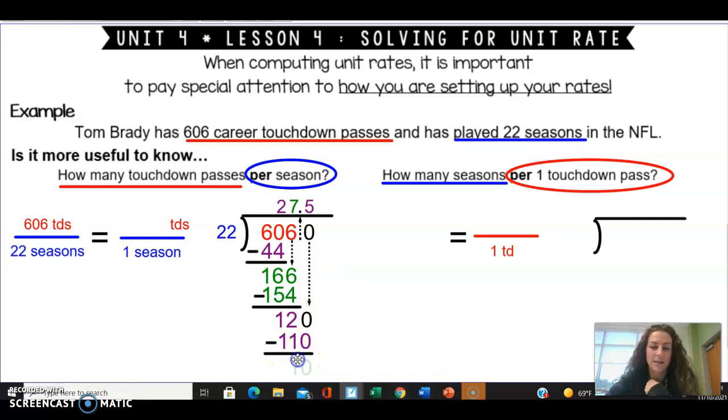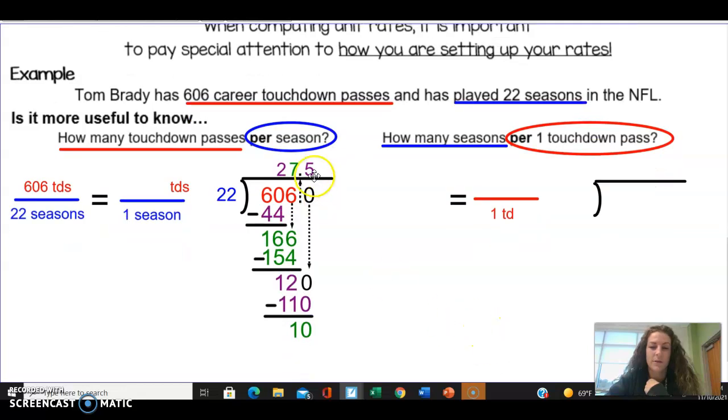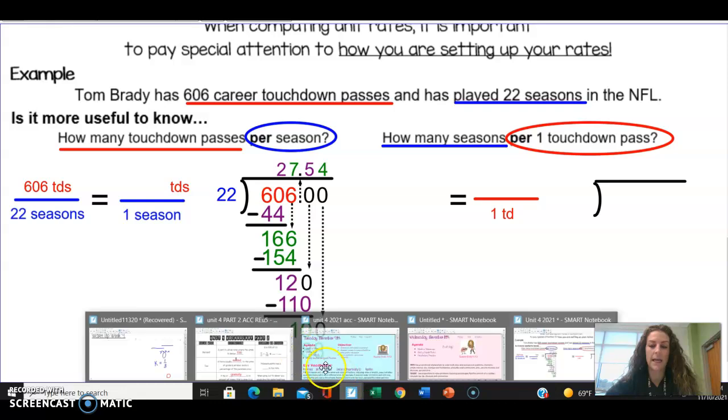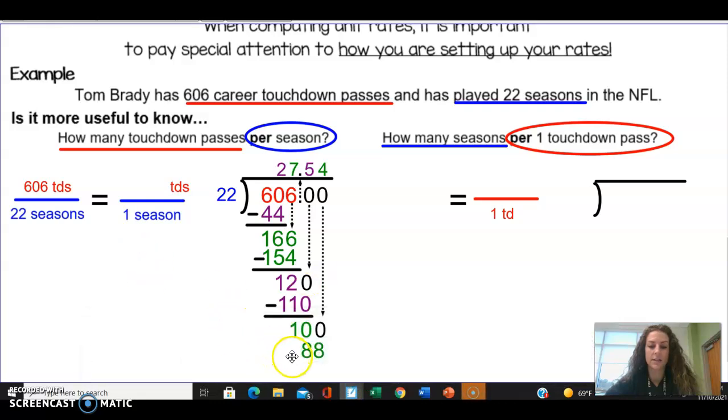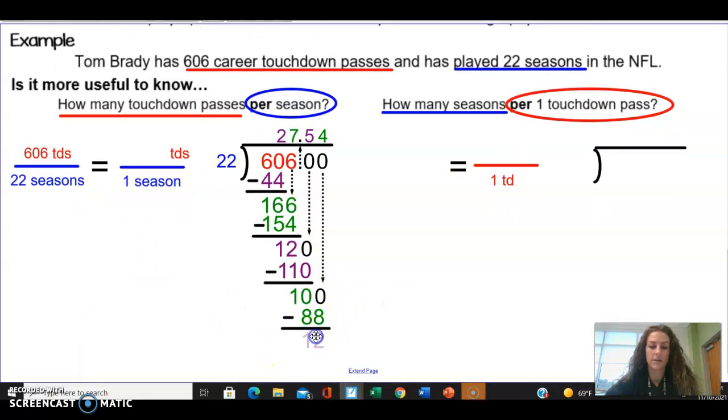Subtract, we get 10. We don't need another decimal because we already have one up in our quotient. So we're going to add another 0, bring it down. And we're thinking, how many times does 22 go into 110? So 22 goes into 110 4 times. 4 times 22 is 88. When we subtract, we get 12.